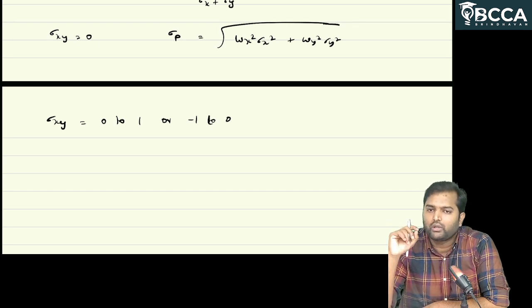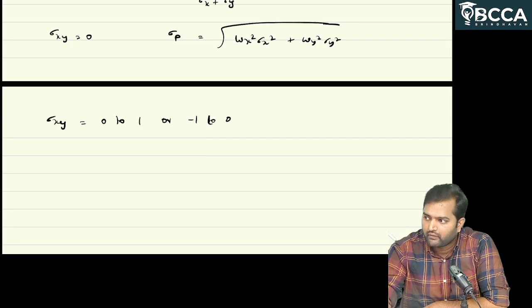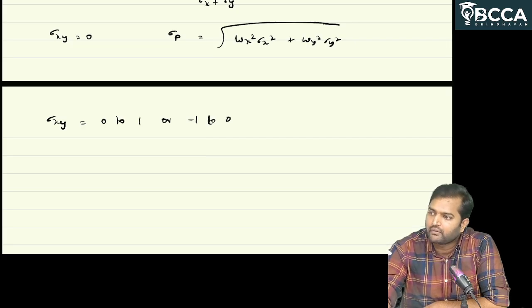But when correlation coefficient is other than minus 1, so when correlation coefficient is plus 1, risk cannot be minimized, risk cannot be diversified. But when sigma xy is equal to minus 1, risk can be reduced to 0 by maintaining optimum weights.